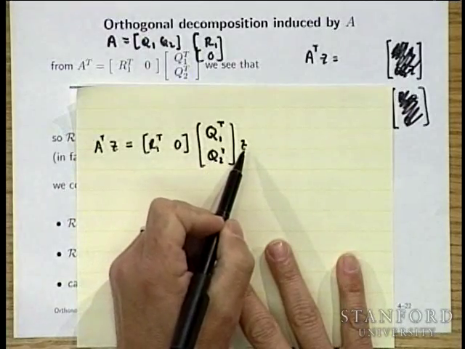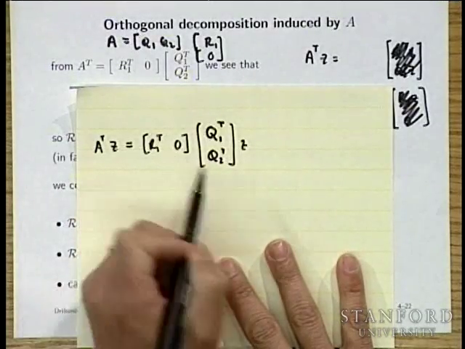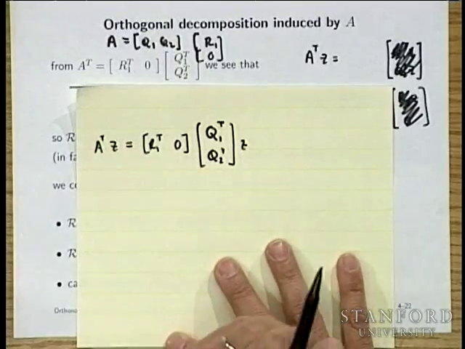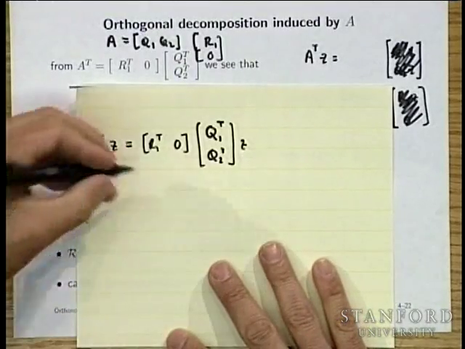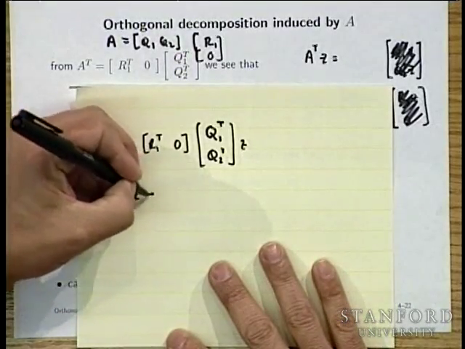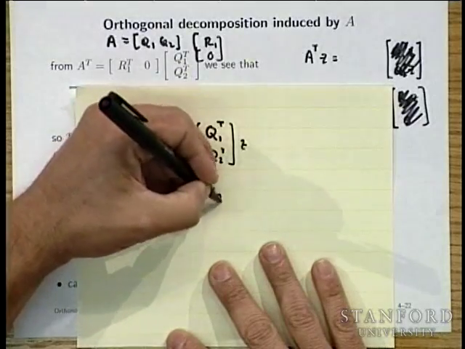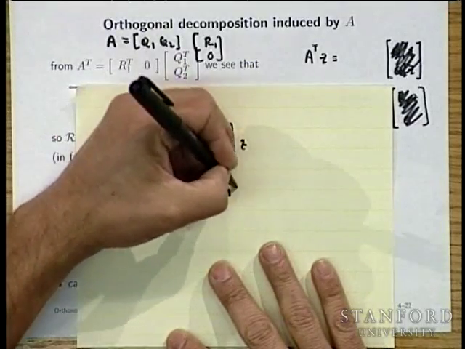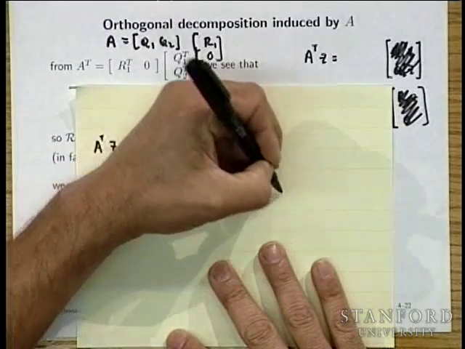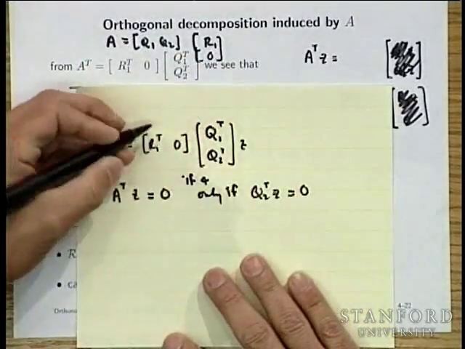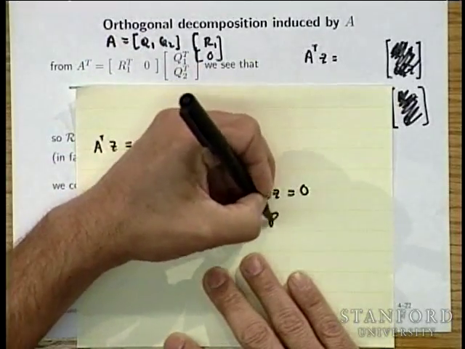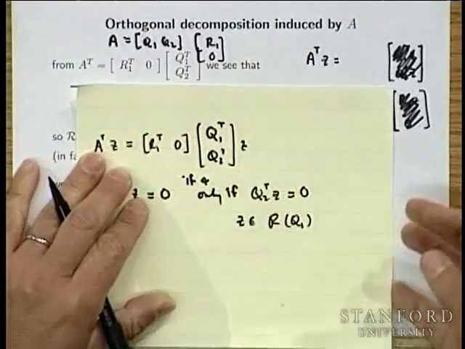Q2 transpose Z gets zeroed out. So you calculate Q2 transpose Z, but then nothing happens. And now you see an amazing thing: A transpose Z equals 0 if and only if Q2 transpose Z equals 0, which is the same as saying that Z is in the range of Q1.